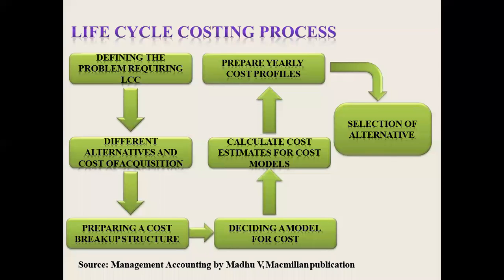So I am just talking from a multi-residential building point of view. Suppose in one building 50 flats are there, then for each flat how many balconies are there, what is the carpet area, what is the passage area. Okay, so this is called the cost breakup structure.